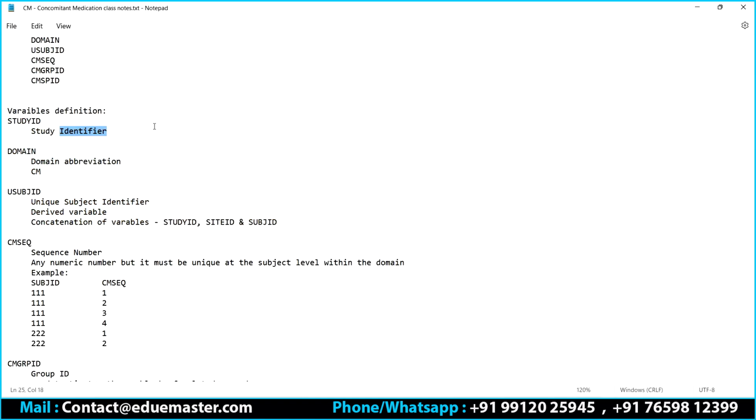Study identifier is present in your protocol, as well as your annotated CRF. Domain is going to be a 2-character abbreviation, which is CM. Unique subject identifier is a combination of your study ID, site ID, and subject ID. You're going to concatenate them. Sequence number, at each subject level, you're going to define it within your domain. It should be unique within the domain.